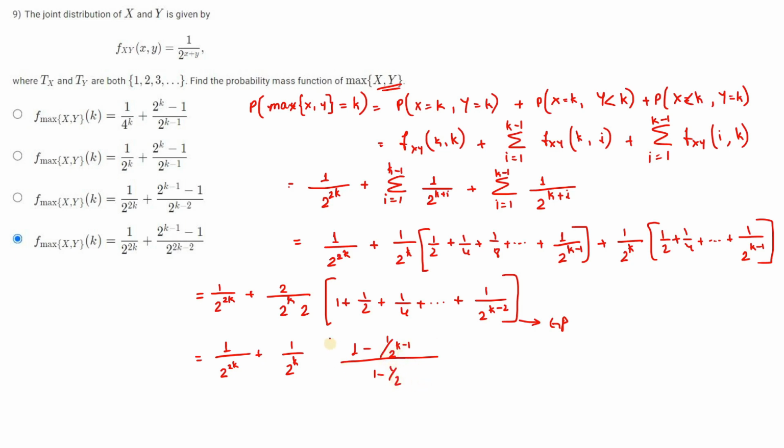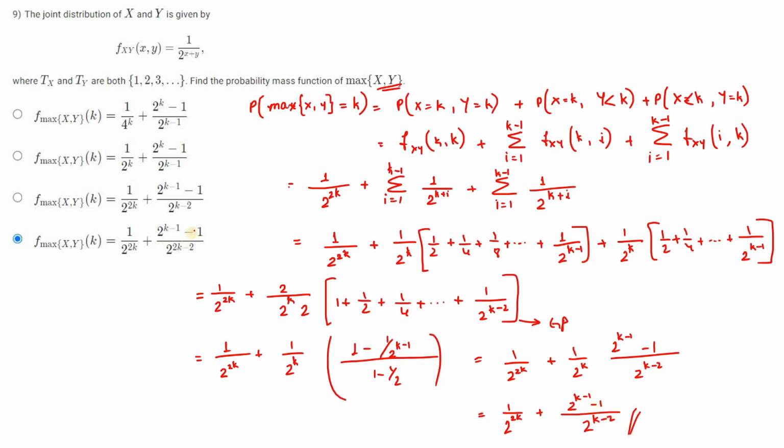Okay, so after simplifying we'll get the answer as 1 over 2 to the power of 2k plus 1 over 2 to the power of k into 2 to the power of k minus 1 minus 1 whole divided by 2 to the power of k minus 2, which is nothing but 1 over 2 to the power of 2k plus 2 to the power of k minus 1 minus 1 divided by 2 to the power of k minus 2.